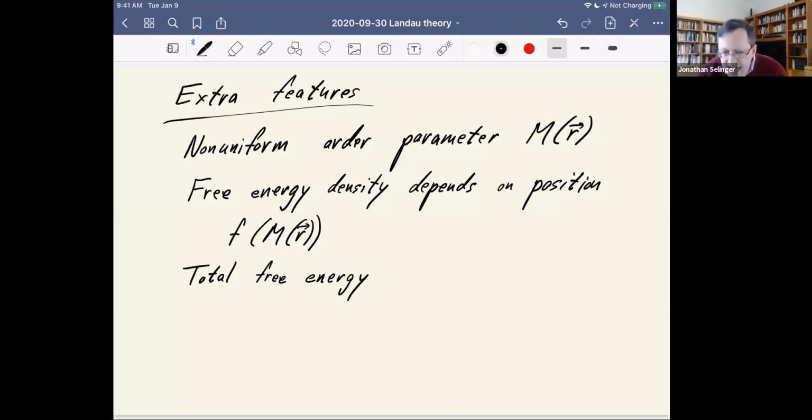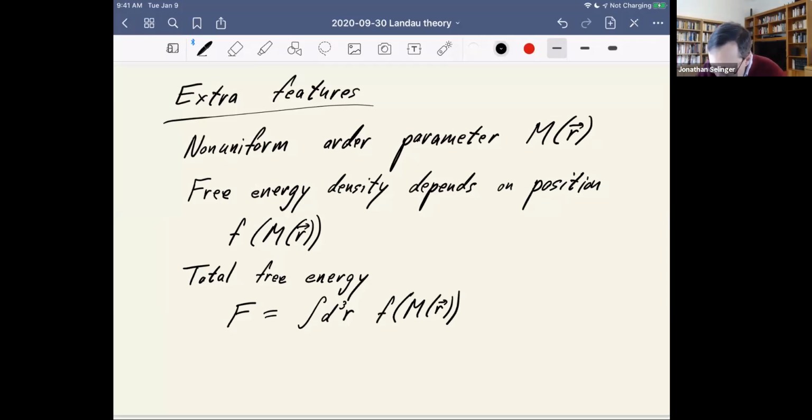It must be an integral of the free energy density over all the different positions. So the free energy must now be an integral over the whole volume of F of M of R.